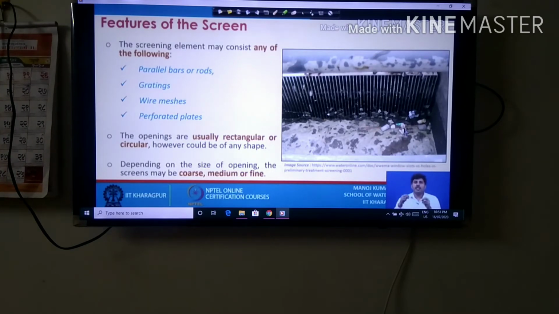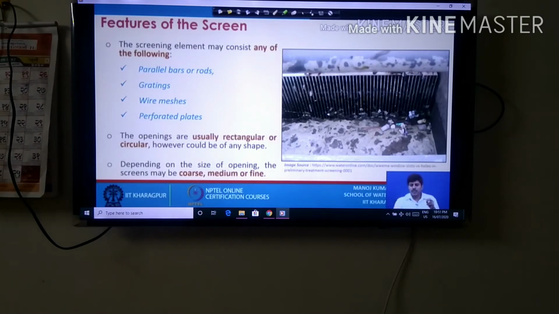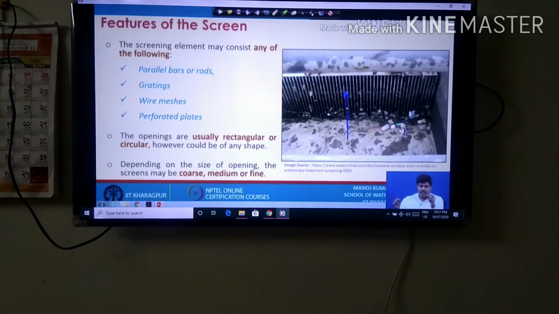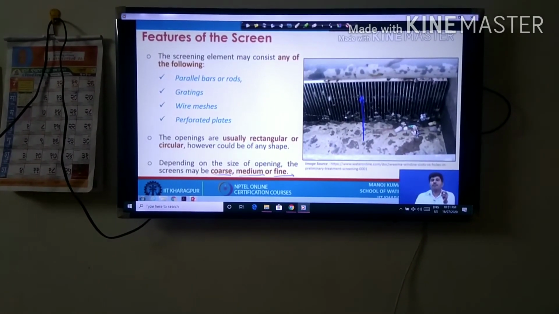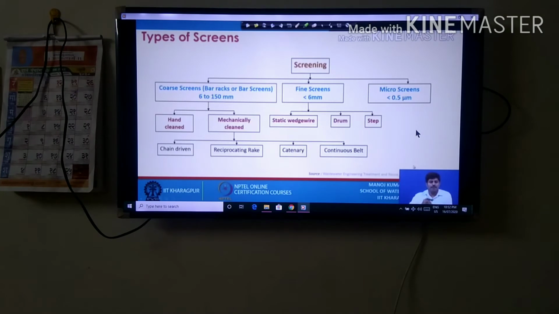Depending on the size of the opening, through which material can pass or be retained, the screens can be classified as coarse screen, medium screen or fine screen. There are other classifications as well.